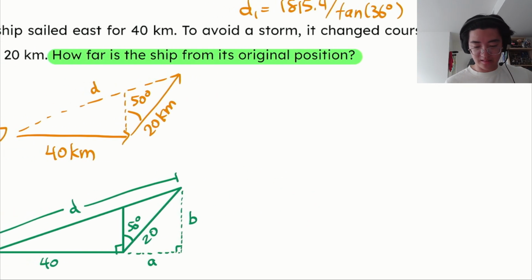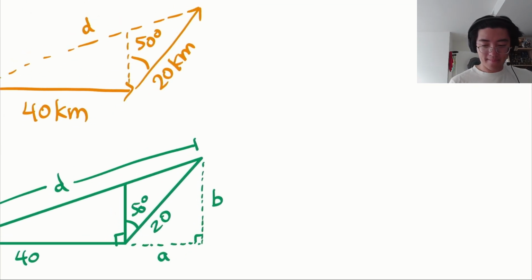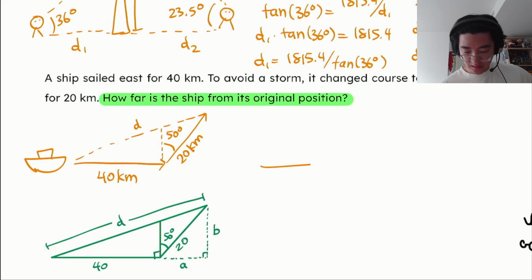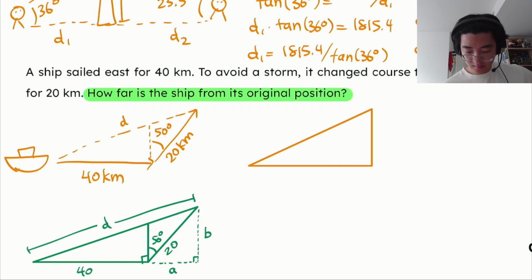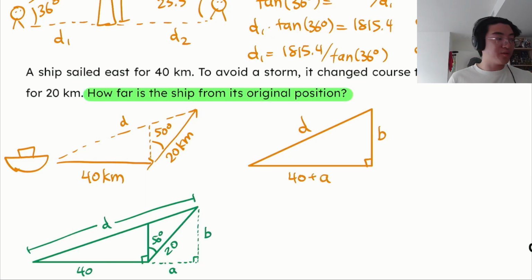Okay, so let's figure it out. Our new triangle here is now b tall, D as hypotenuse, and the base or the other edge is 40 plus a.